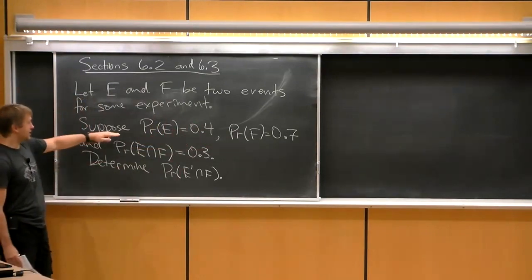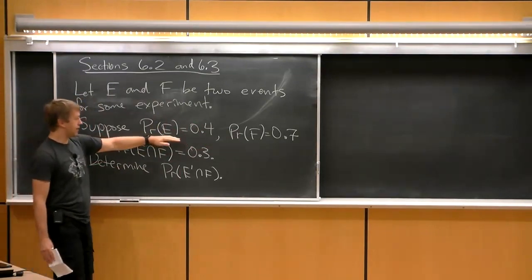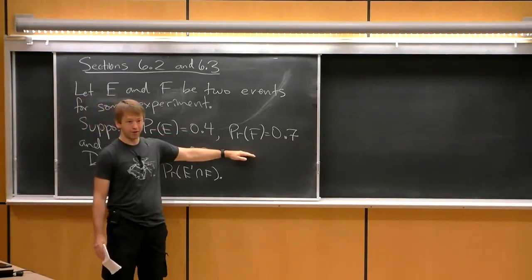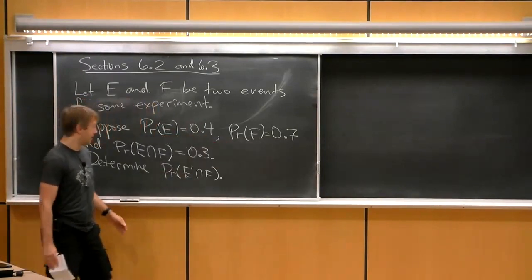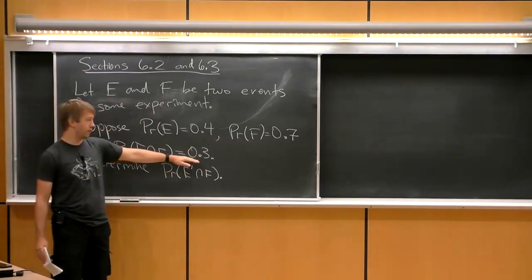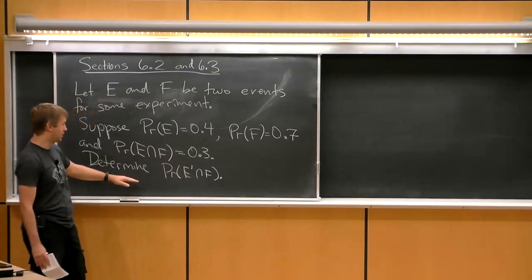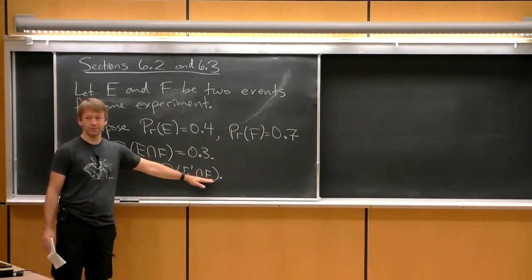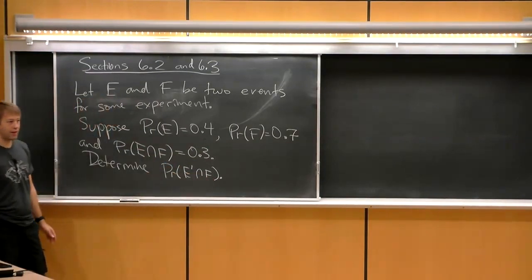So what this really says is suppose that the probability that E occurs is 0.4, the probability that F occurs is 0.7, and the probability that both E and F occur is 0.3, right? And then you're asked to determine the probability that E doesn't occur and F occurs. Any questions about this setup at all?